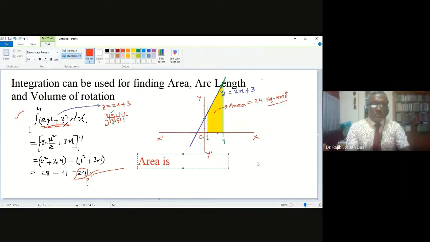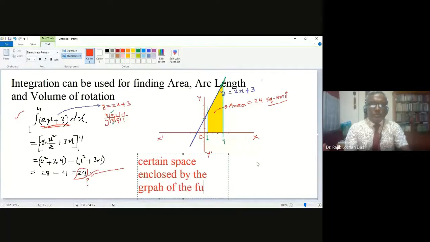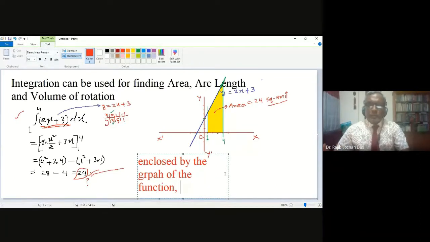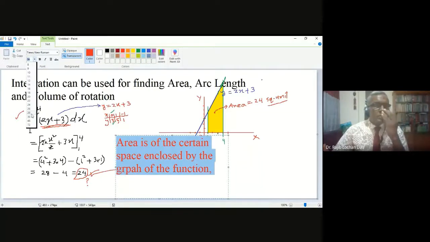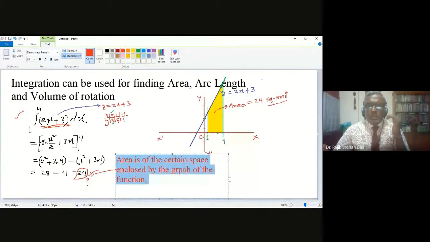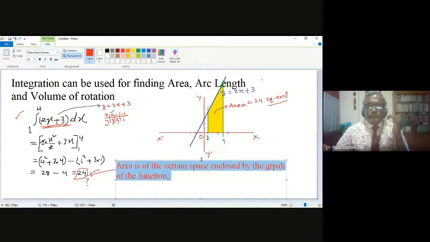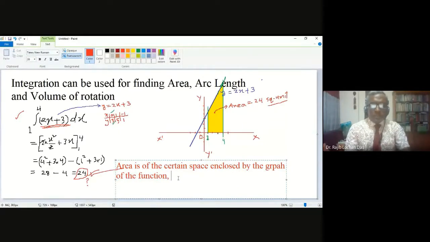Area is of the certain space enclosed by the graph of the function, x-axis, lower boundary line and upper boundary line.